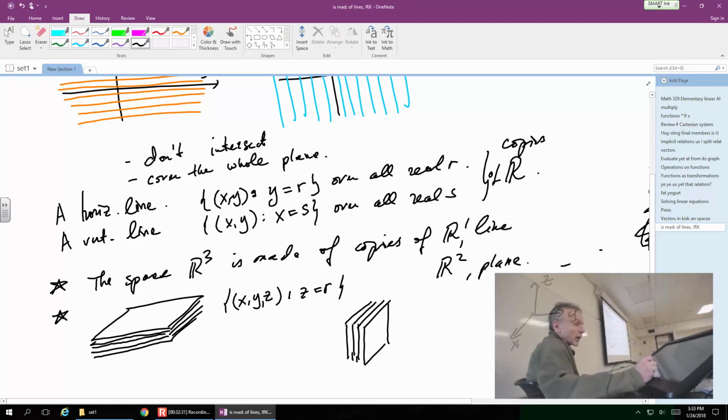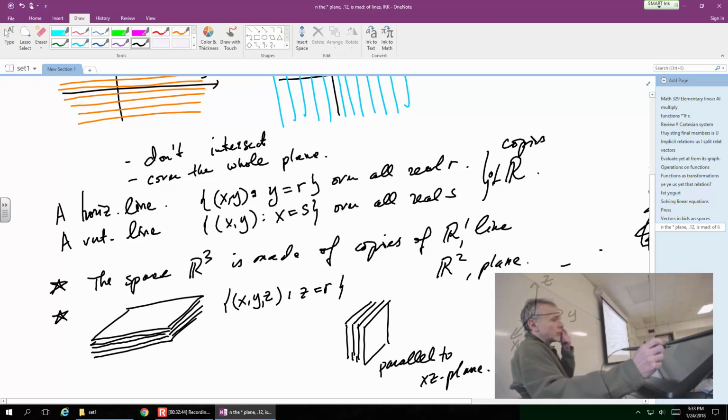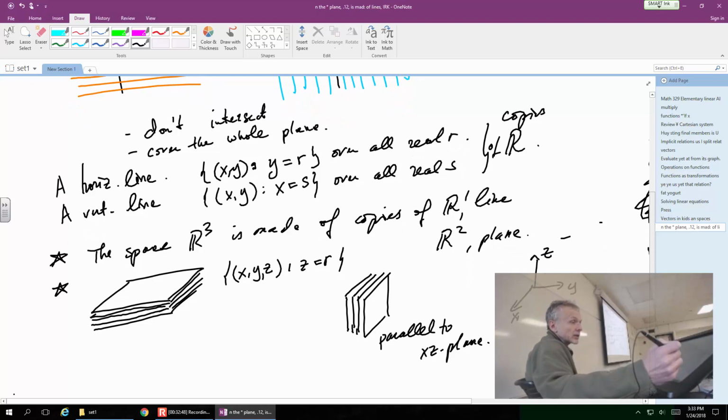So these are parallel to the xz plane, and they are also perpendicular to the y-axis. Okay, so one remains, and that is the yz plane. So they will be kind of facing us like this.